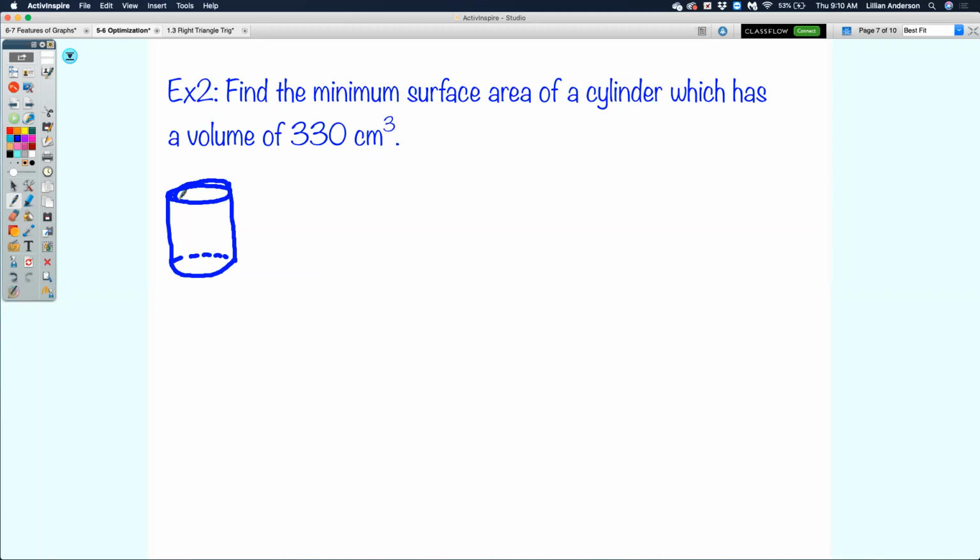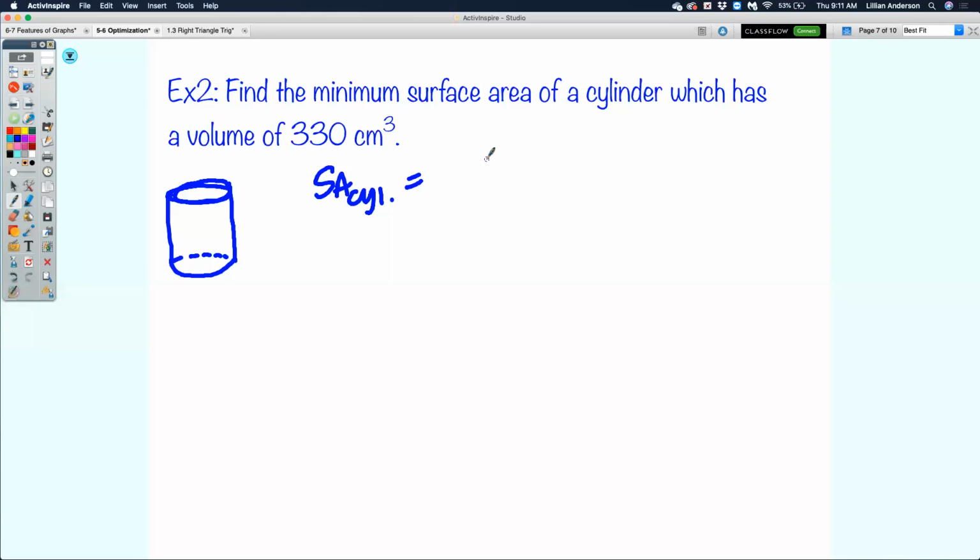Surface area. So that's going to be the formula that we're trying to optimize for a cylinder. What is the formula for surface area of a cylinder? Isn't it like you have to do the area of the circle plus the rectangle, so like the radius?